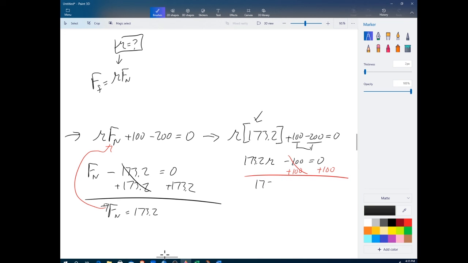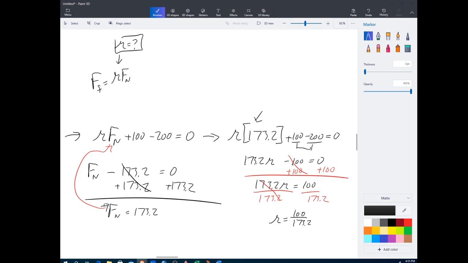I get 173.2 mu equals 100. I'm going to then divide by my next layer, and I get that mu is 100 divided by 173.2.